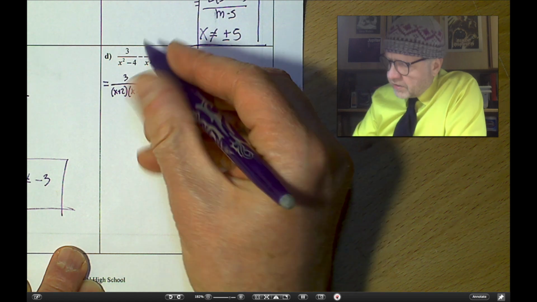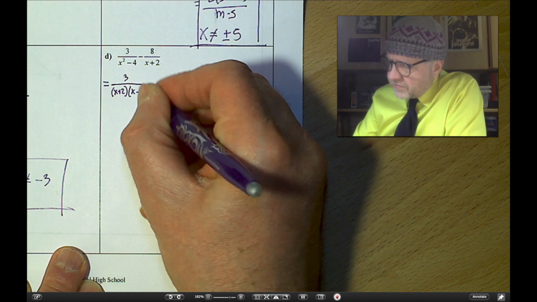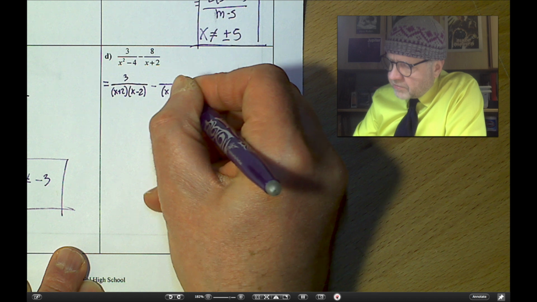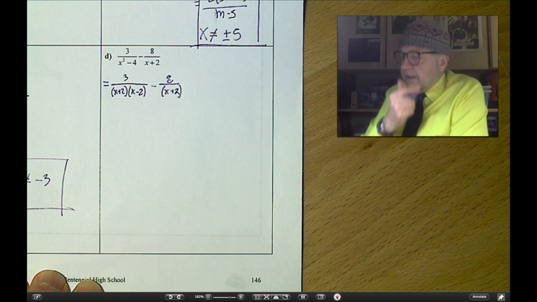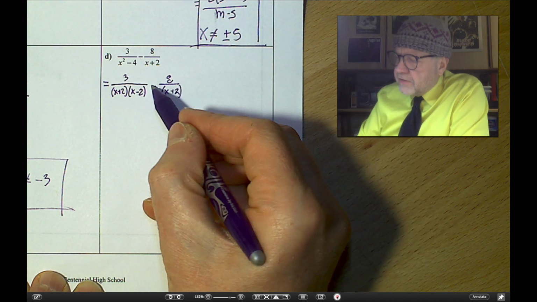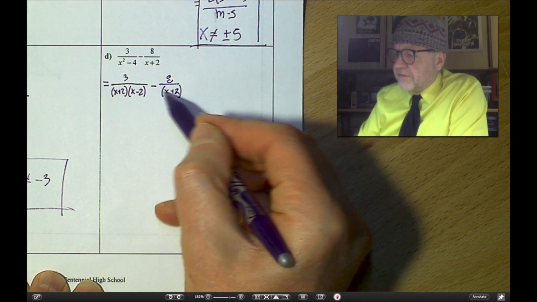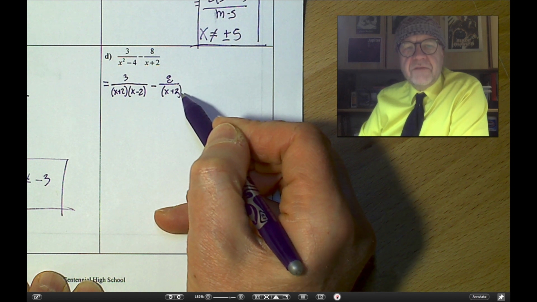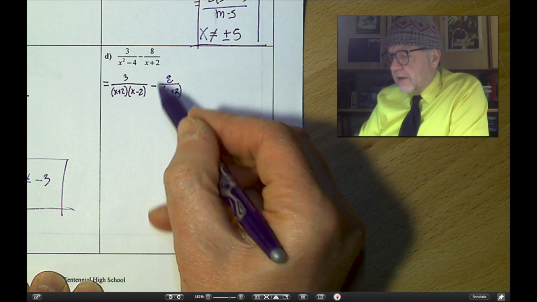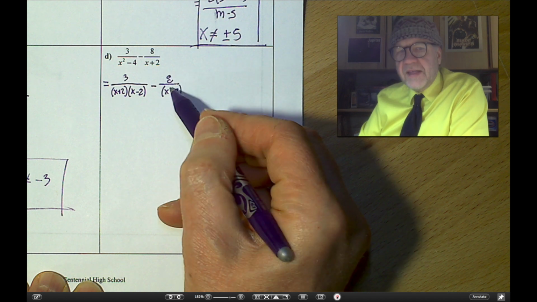And we're going to subtract from it, x plus 2 and 8. Cool. And now you see that really all we need to do is multiply this right side by x minus 2, and that would give this right-hand set of terms the same denominator as this, right?